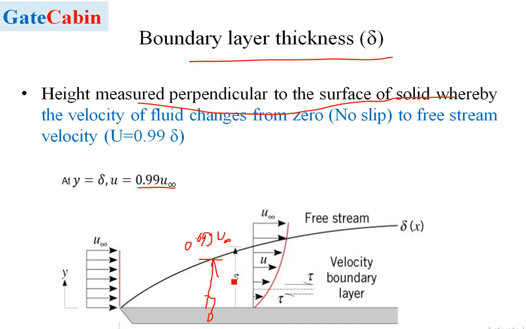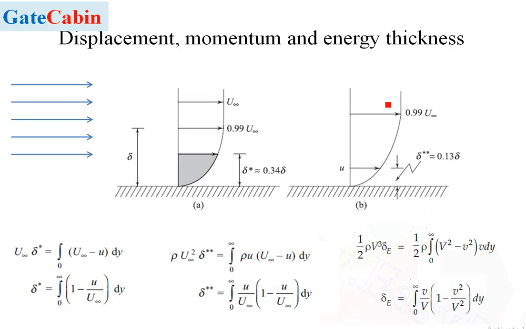This is called boundary layer thickness. Most importantly, you can see that the boundary layer thickness is a function of x. It changes with the distance from the leading edge, which is given by the value of x.